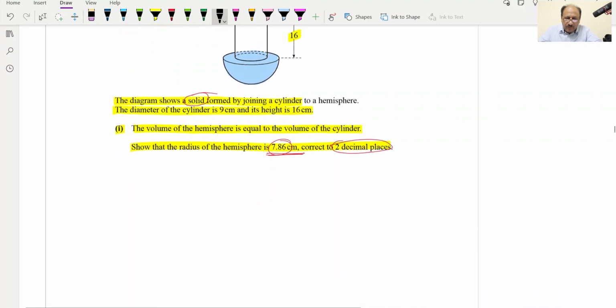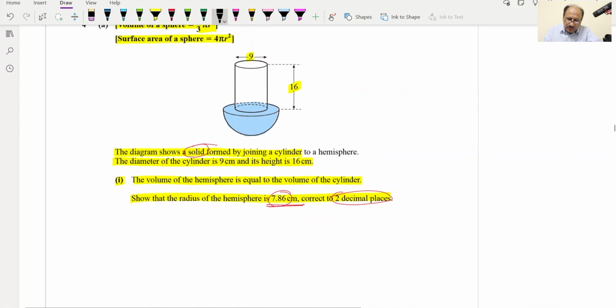For that, the condition of the question is that the volume of the hemisphere is equal to the volume of the cylinder, and we will utilize this condition.